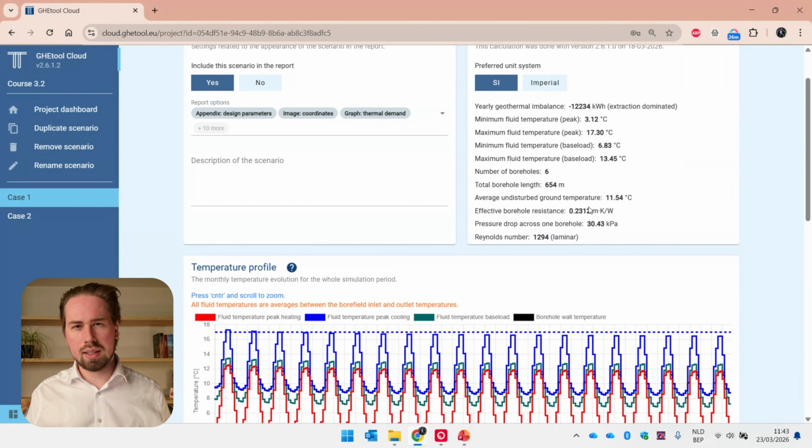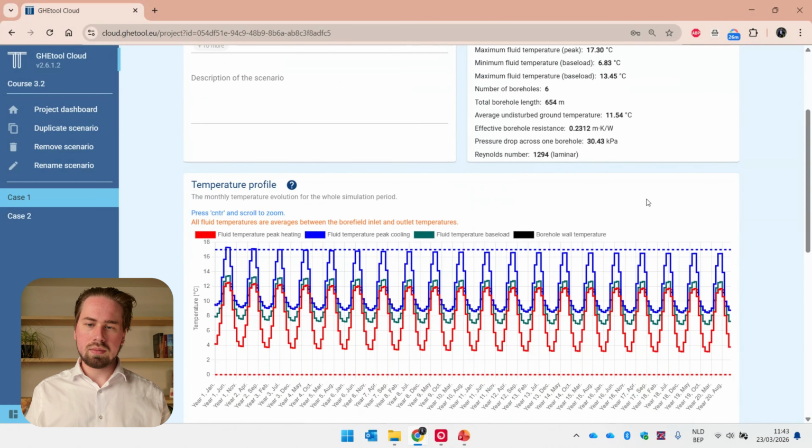You can argue that 17.3 is actually good, or that the boreholes should be slightly deeper in order to make sure that we are close to 17 degrees. But let's not go into detail about that philosophical discussion in this case. You could argue this is a good design. We need 6 boreholes of 110 meters.